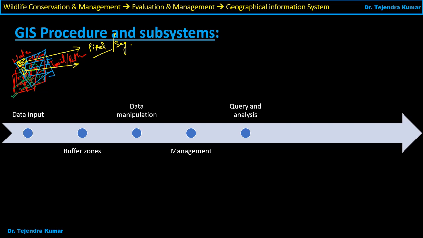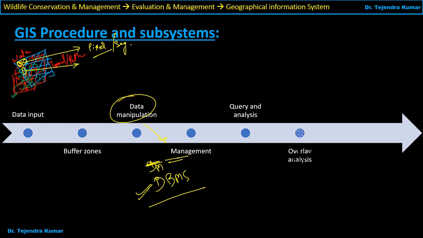So this is the query and analysis. And in the management, as I told you, the data manipulation which you have done is managed by the DBMS, the database management system. So this is the software.